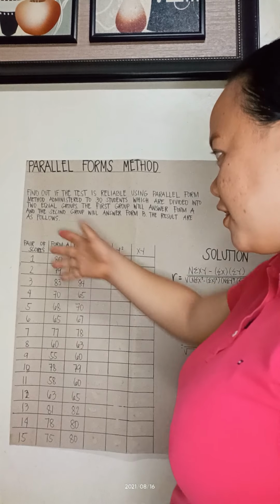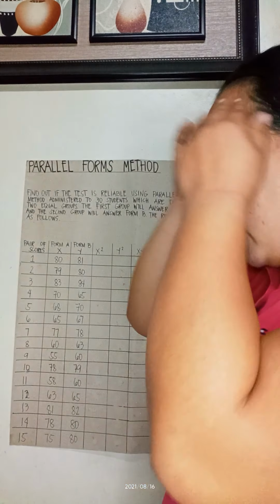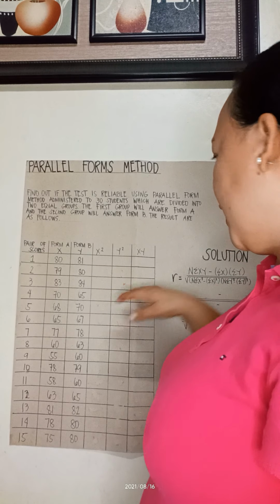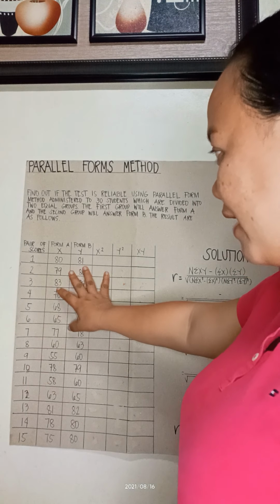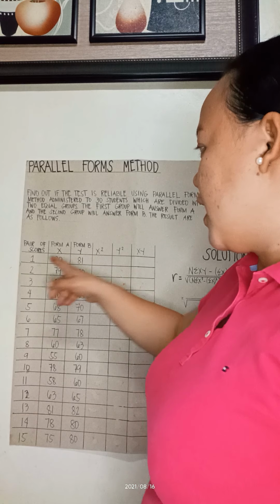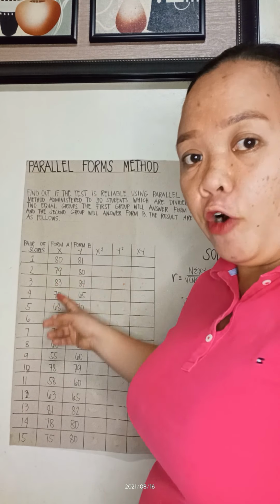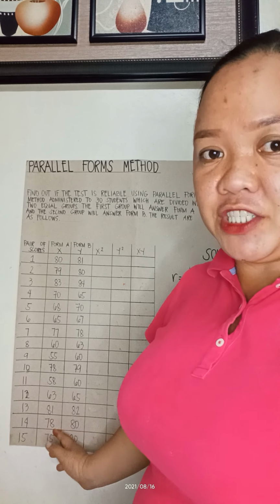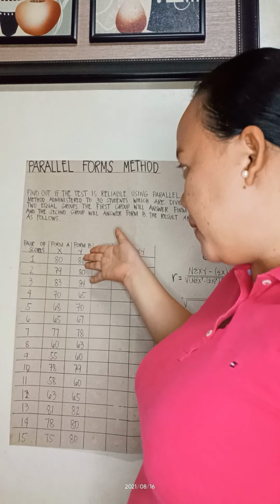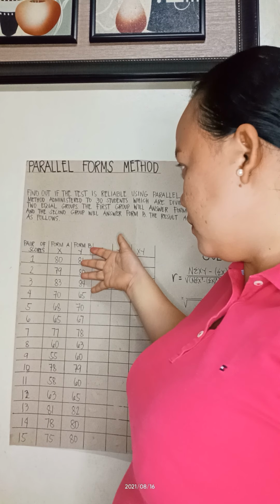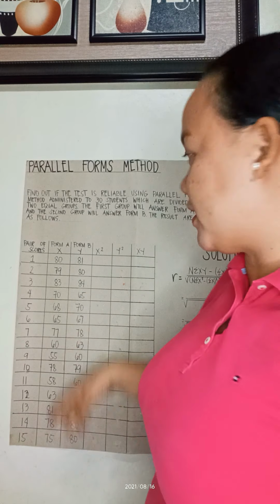As you can see, this is our table, and we will give the right solution for it. First, this is already given: the paired scores, form A, x, the scores of the students, and form B, the scores of the second group of students.